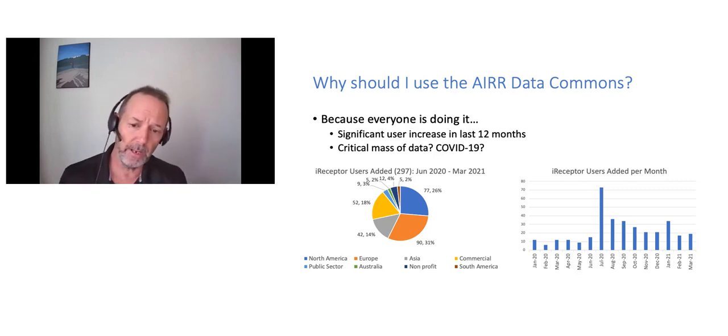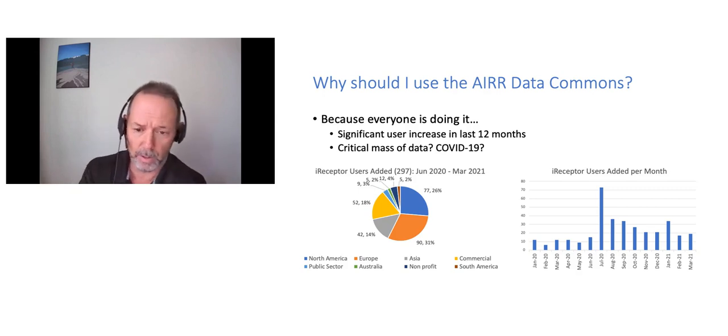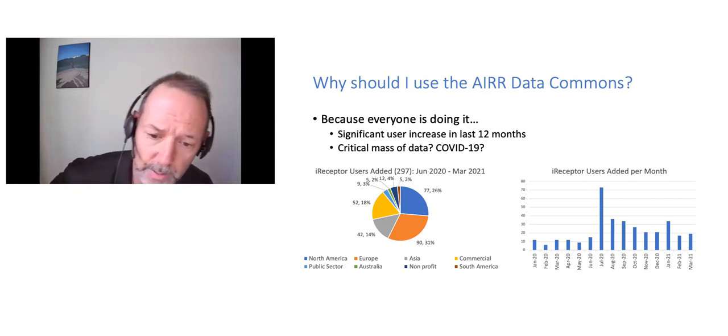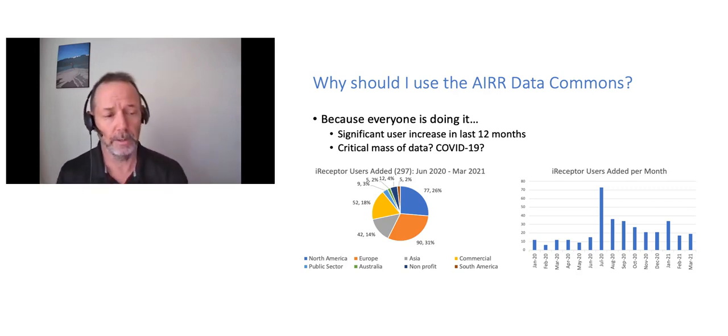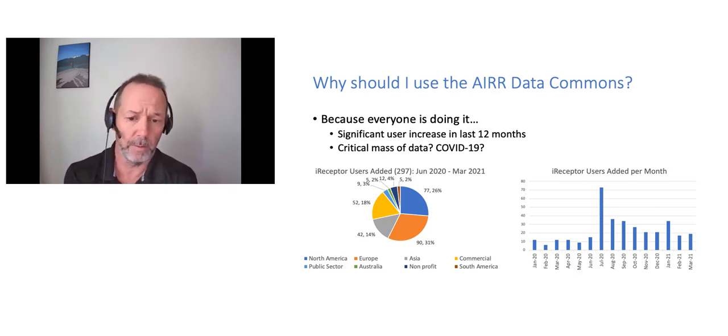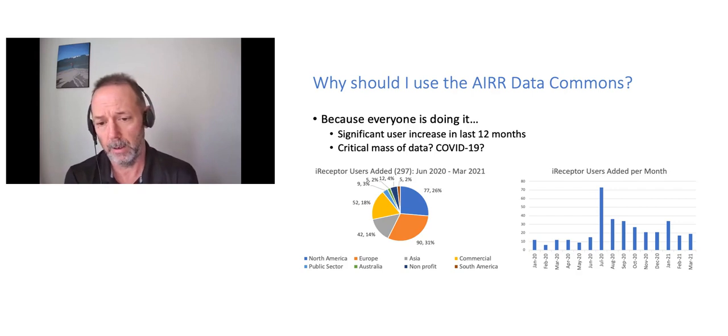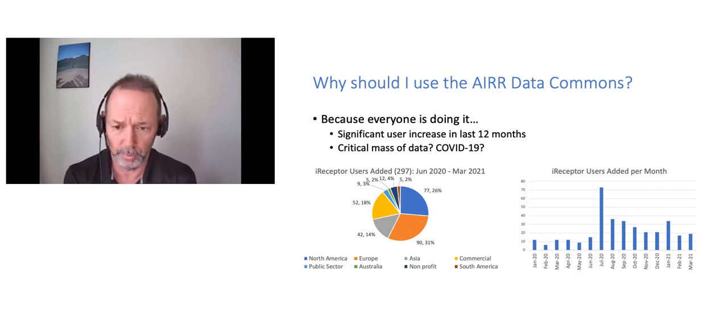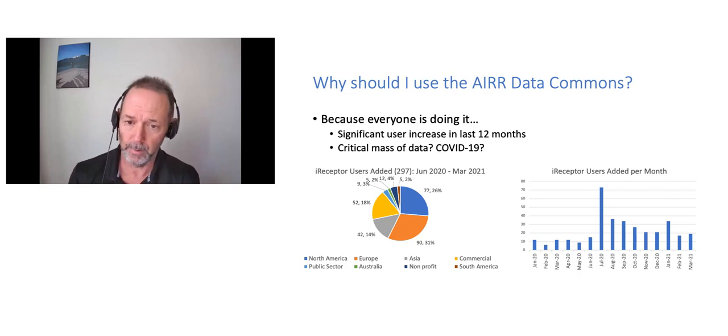In the left-hand graph, you'll see the types of users. There's a very high interest internationally. North America is very prominent, Europe is prominent, Asia is prominent. One of the interesting things I find is that we have a fairly significant number of commercial users. We have 52 commercial users from biopharma types of companies since June 2020 as well.